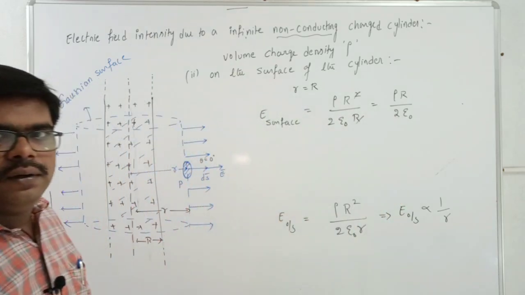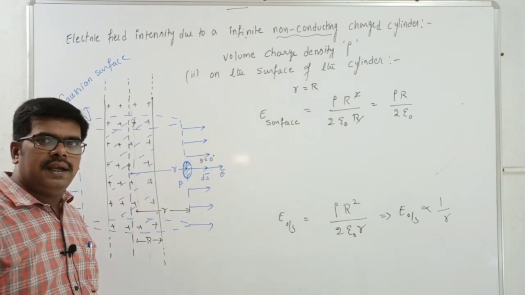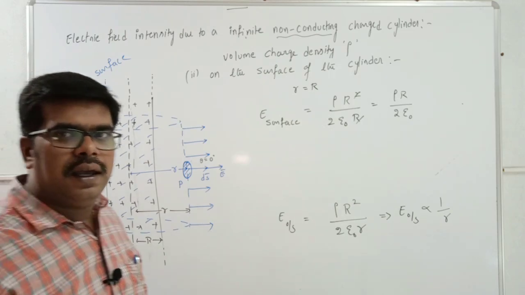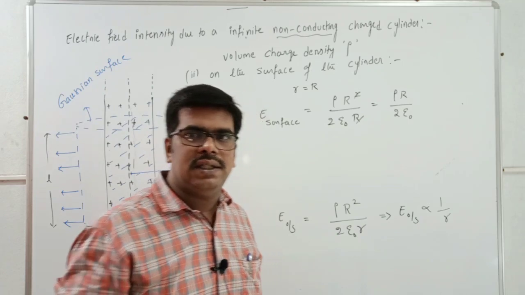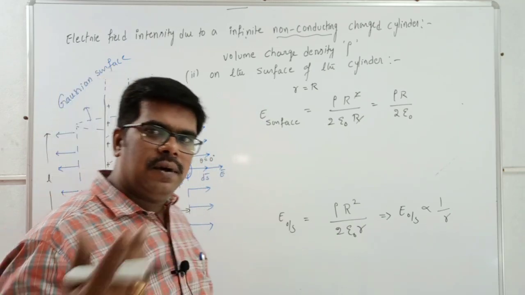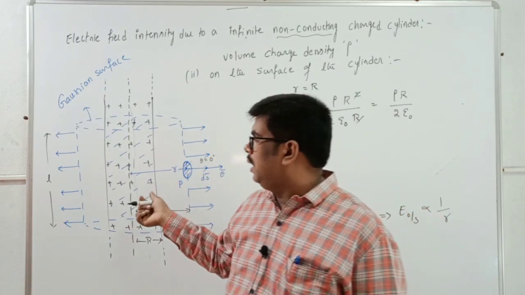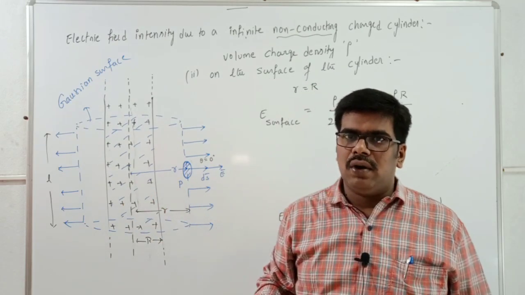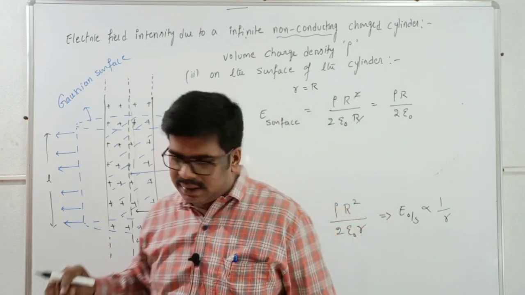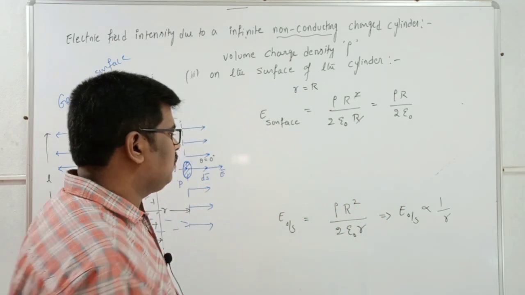Next, we are going to take the inside. In the last case, inside electric field intensity is 0, that is because of a conducting cylinder, but here it is non-conducting. So inside, the electric field intensity is not 0. That we will be discussing clearly. So remember these expressions.